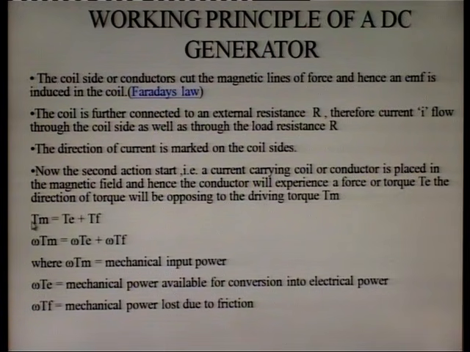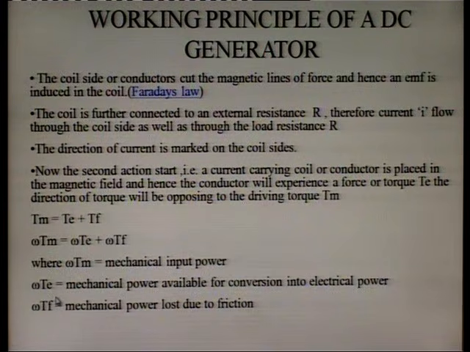If we multiply torque with omega, that is angular speed, then it will come out to be power. As you know, power is equal to omega into T. So when we multiply this equation with omega, then omega Tm is equal to omega Te plus omega Tf, where omega Tm is the mechanical input power, which is applied from the prime mover.